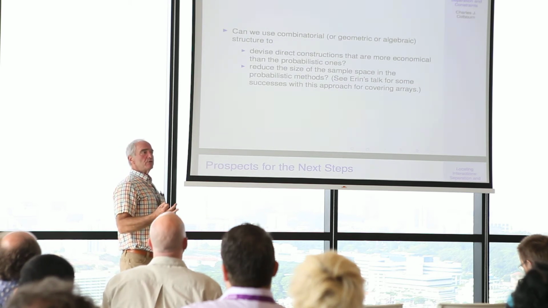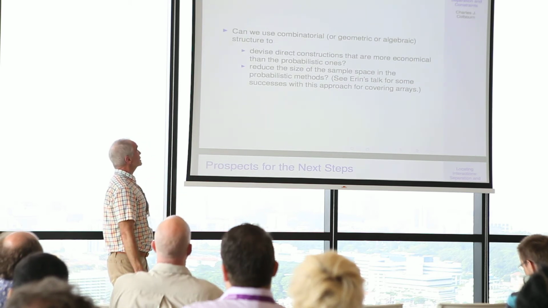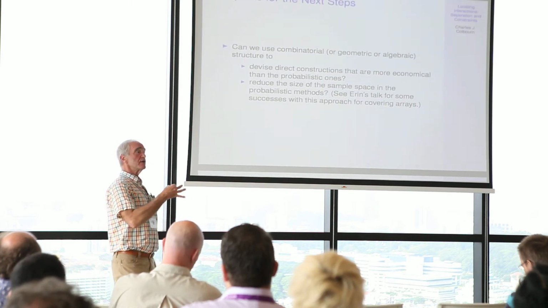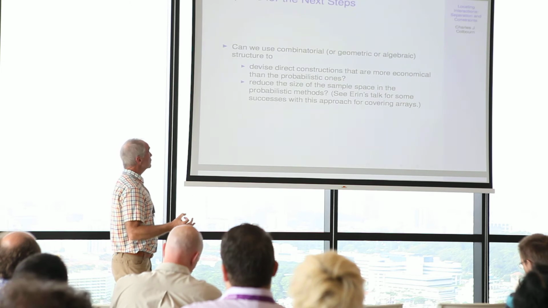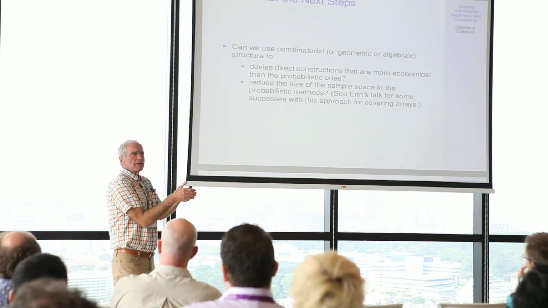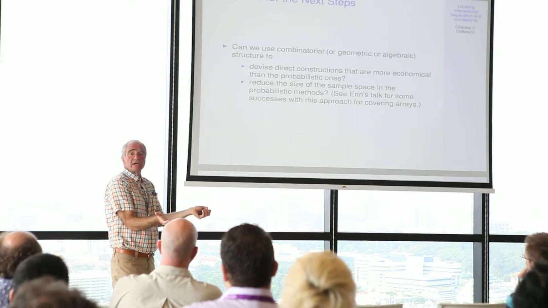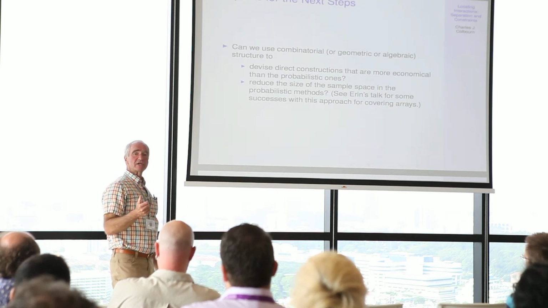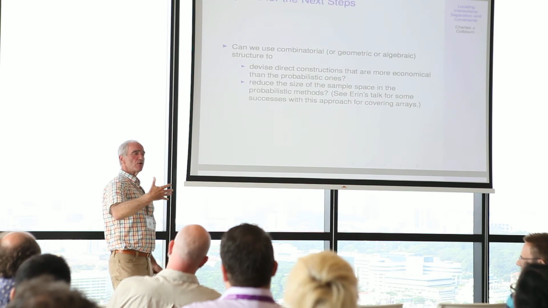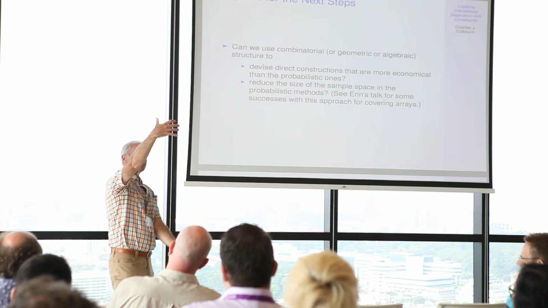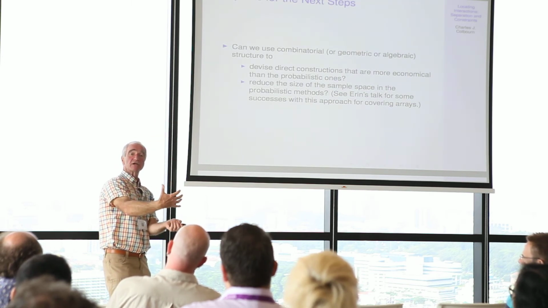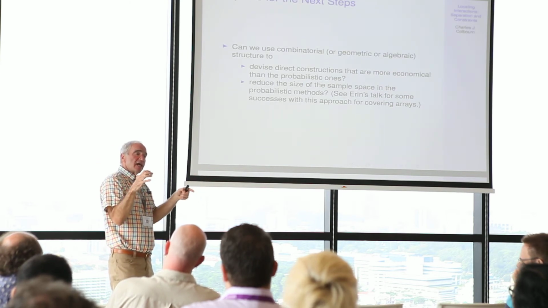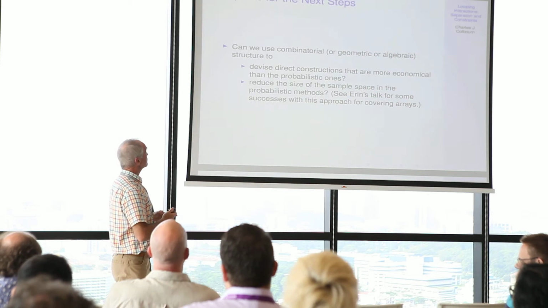So what might we do to make these things better? Well, one of the directions I think is very important, very interesting to follow is the idea that if I'm going to use probabilistic techniques and I'm trying to get a better result, actually Brett was very involved in the idea of doing a sample space reduction for covering arrays to try and get better probabilistic estimates.